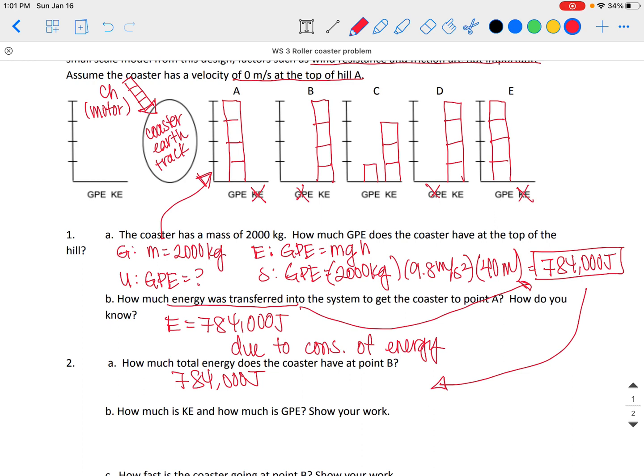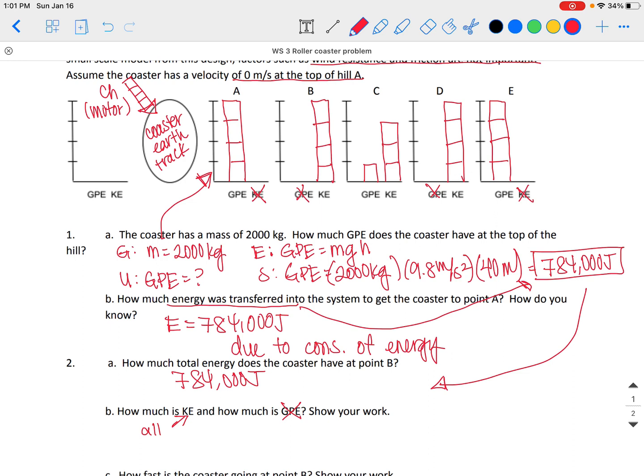How much is kinetic energy and how much is gravitational potential energy at point B? So if you look at the position B, you know that it is all kinetic energy and no gravitational potential energy.